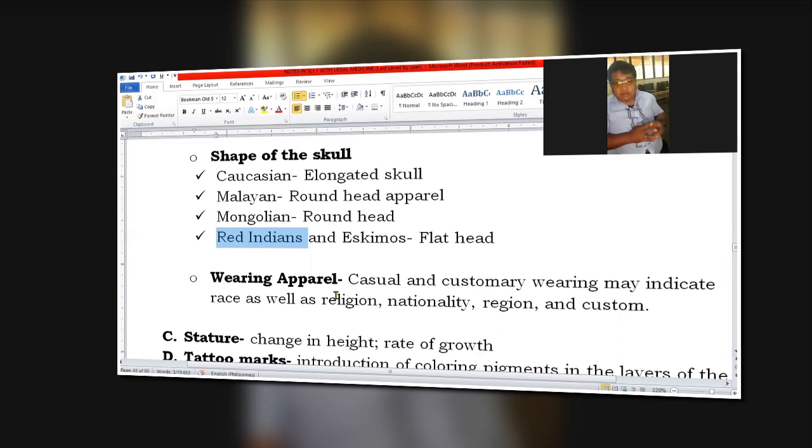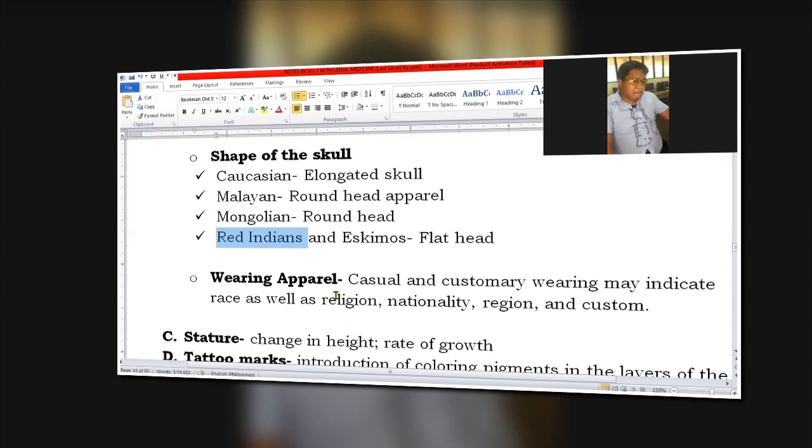So pag nakita mo yung victim, for example, or suspect, meron siyang suot ng mga Muslim, yung pang-cover nila, or yung suot sa ulo, their cap, then basically you can say that the suspect or the victim's religion is Islam. Or they are commonly known as Muslim people.